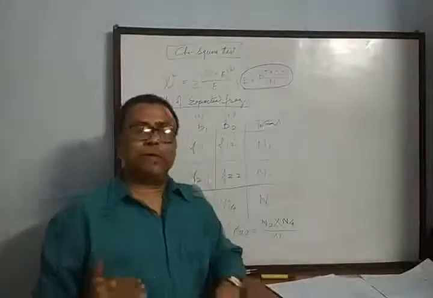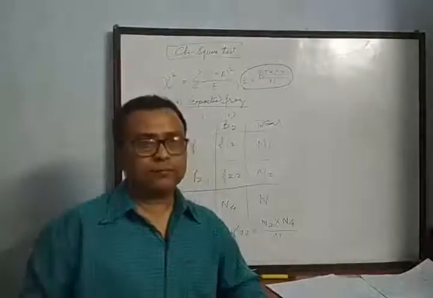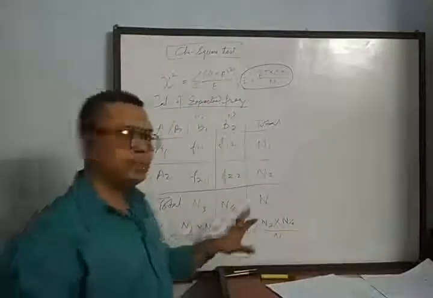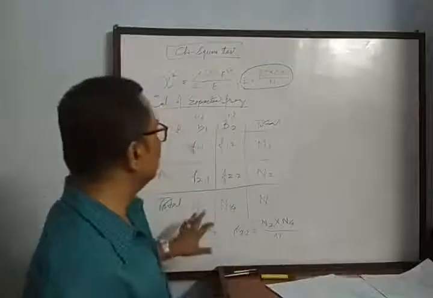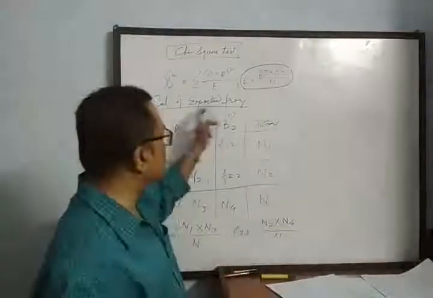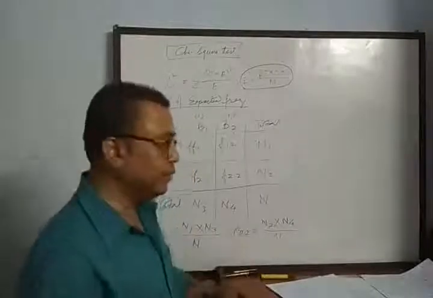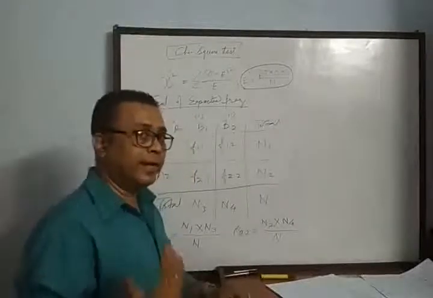Later on, whenever we calculate a practical problem, we will apply this formula and this concept to find the expected frequency. Now the next point we will discuss is the degrees of freedom.